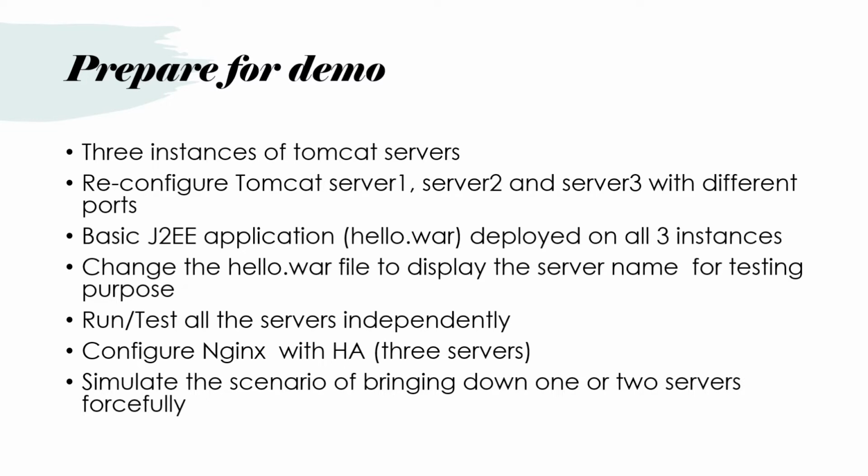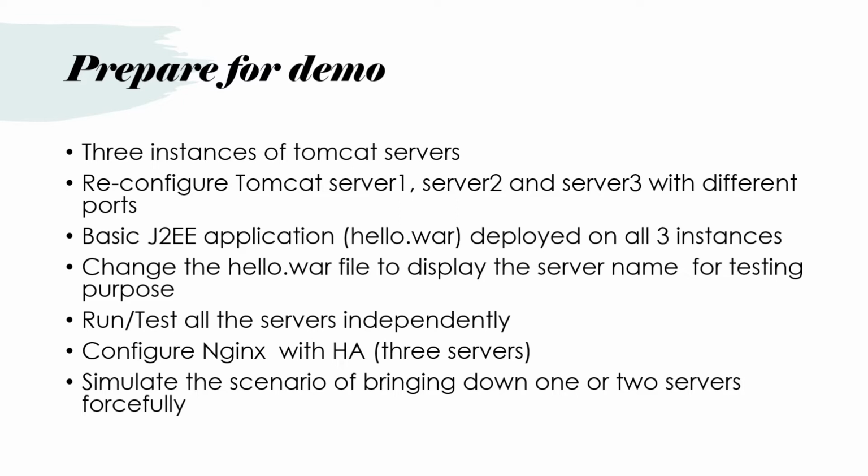So as server 1, server 2, server 3, we'll put a header to make it more visible where the request has been served. Also, you run and test the servers independently with a different port number.